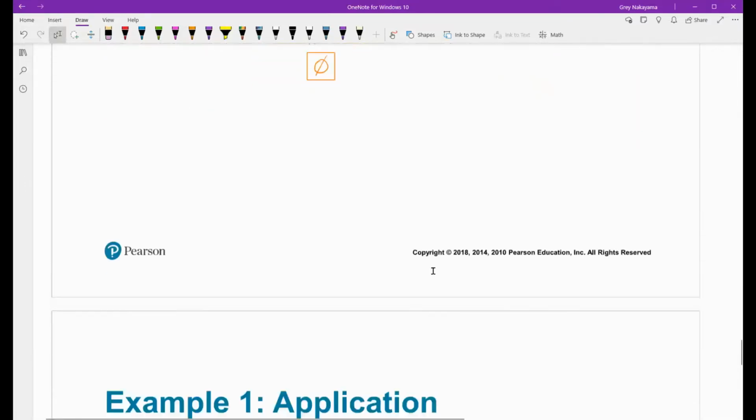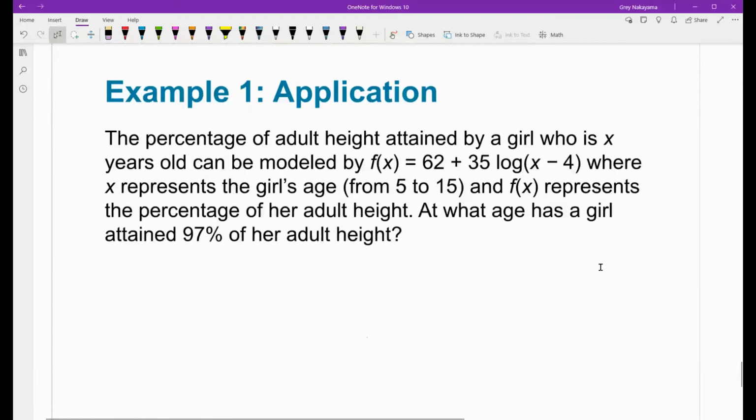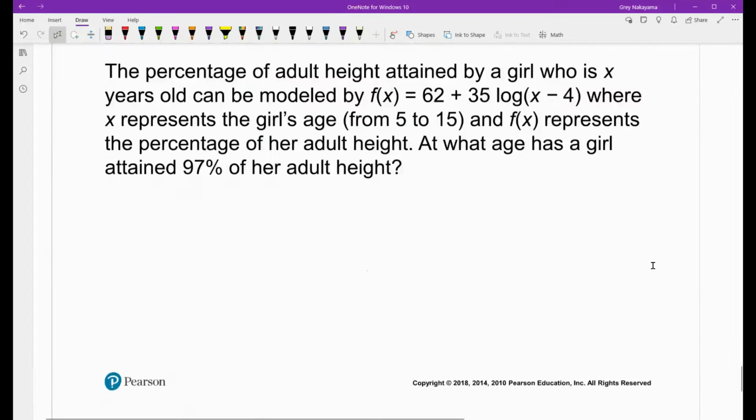All right, last problem. We got a word problem. You have a few of those in your assignment. The percentage of adult height attained by a girl who is x years old can be modeled by the function. So we have this lovely function here, okay? And again, remember, pay attention to the labels that go with each variable.